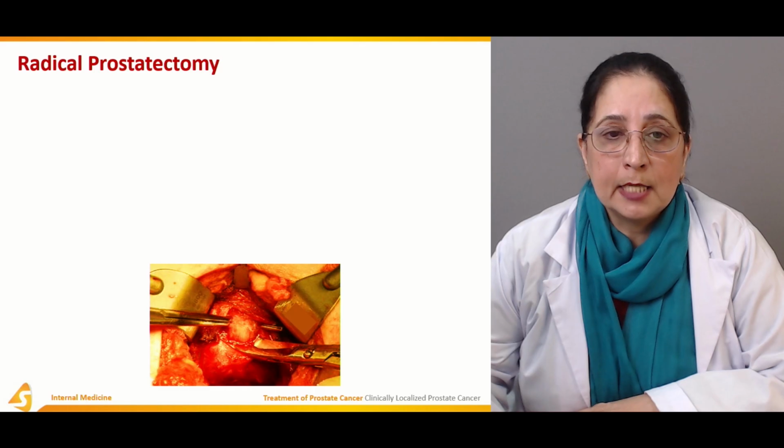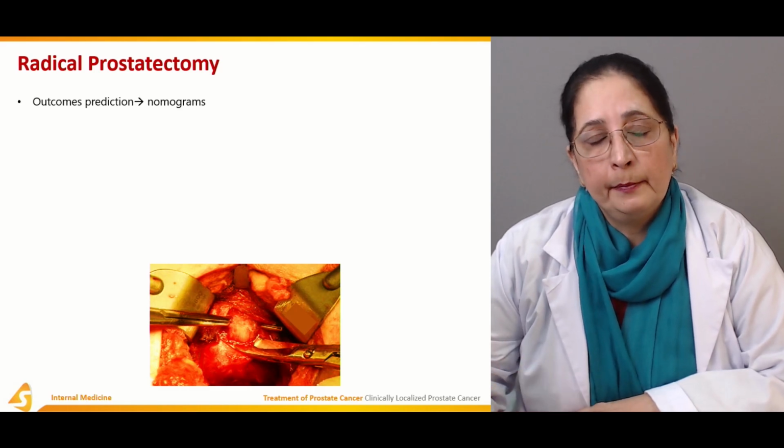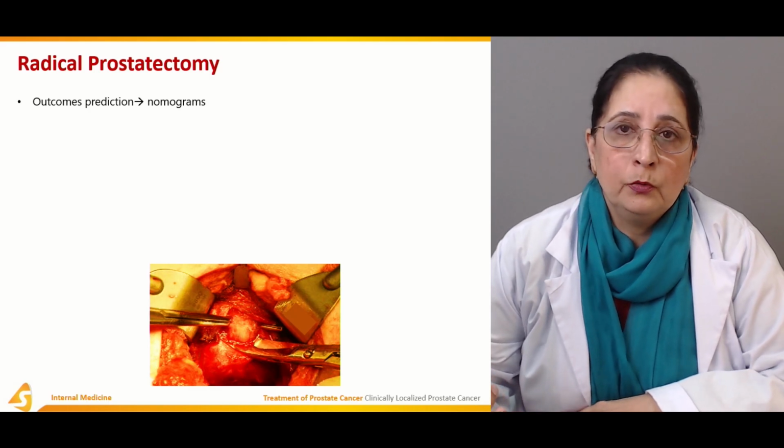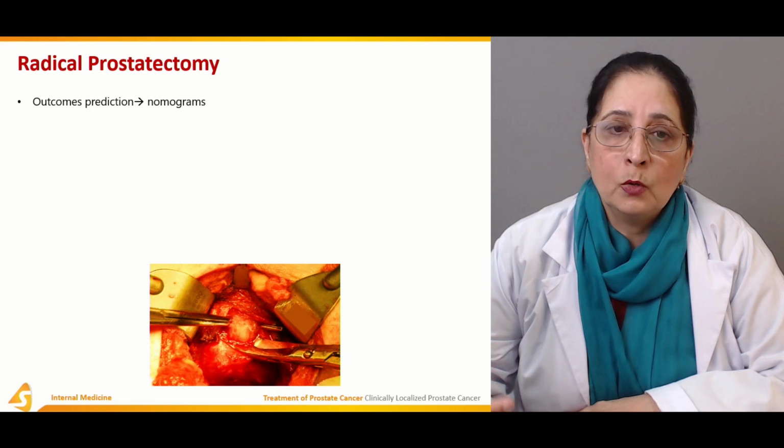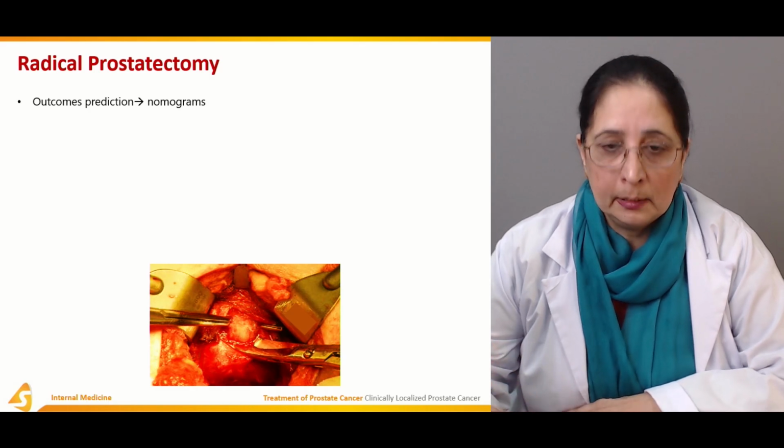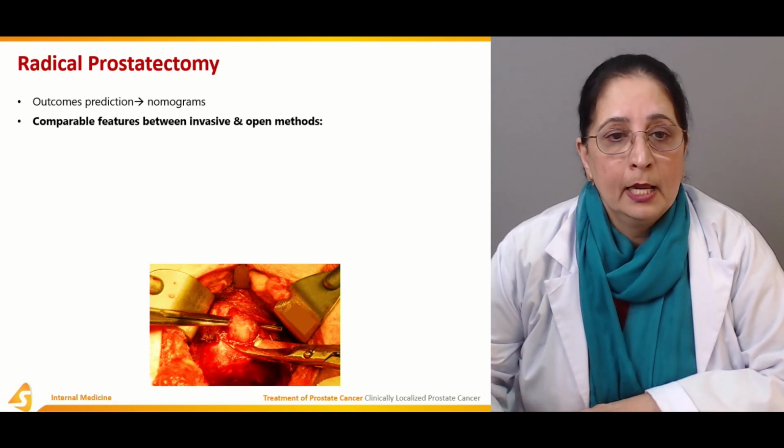Radical prostatectomy outcome prediction is done by nomograms, which are performed to look at the outcome of the radical prostatectomy.